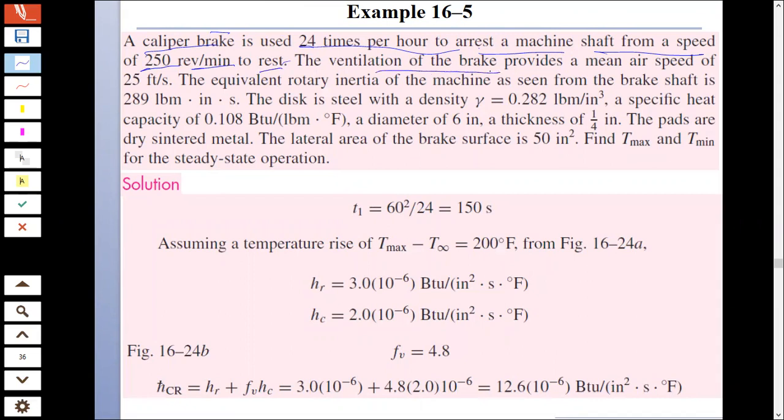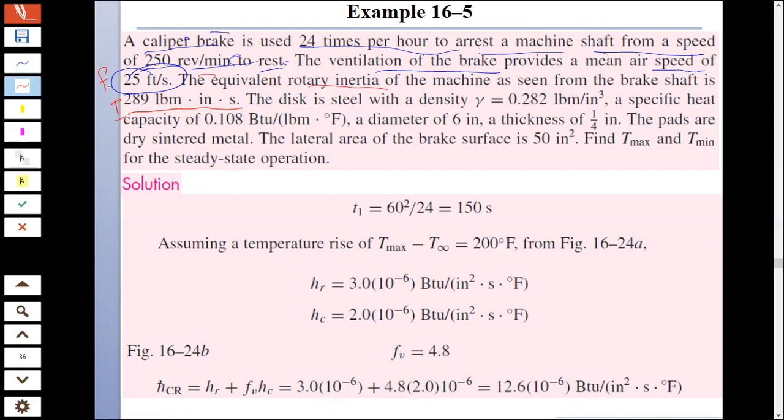The ventilation of the brake provides a mean air speed of 25 foot per second. And the equivalent rotary inertia of the machine as seen from the brake shaft is 289 pound mass. So I is given.